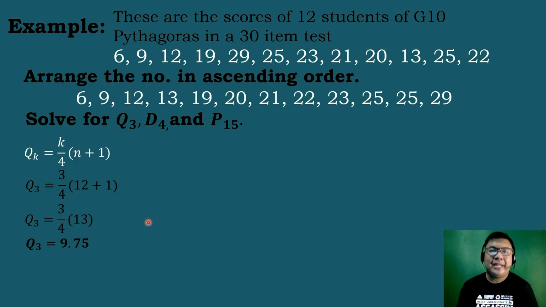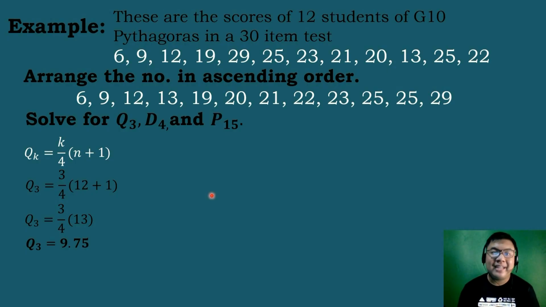We will be applying the rules for the Mendenhall and Sincich method. Since we are looking for quartile 3, and we all know that quartile 3 is equal to 75%, and 75% is greater than 50%, then this quartile 3 is located at the right side of the distribution.